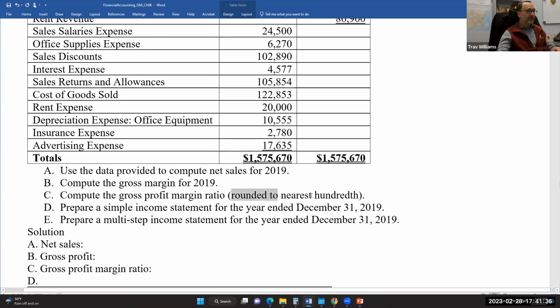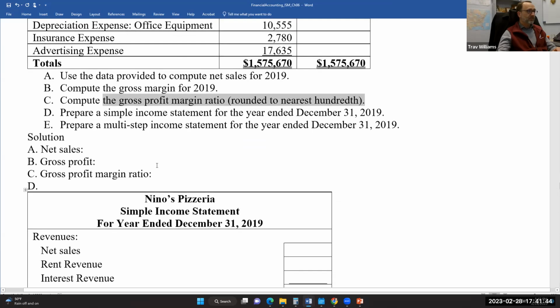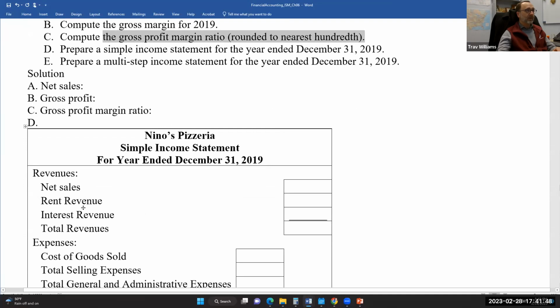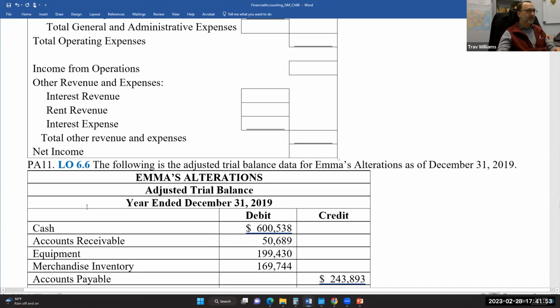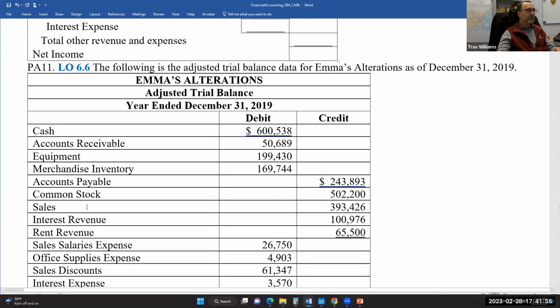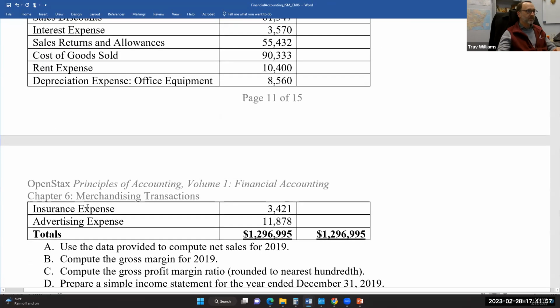It does say here when you're calculating gross profit margin, round it to the nearest hundredth. But just keep in mind, if you do part, in this case, it's part E first, then it's going to be easier to go back and do A, B, C, and D. Okay. We'll do number 11 here together.